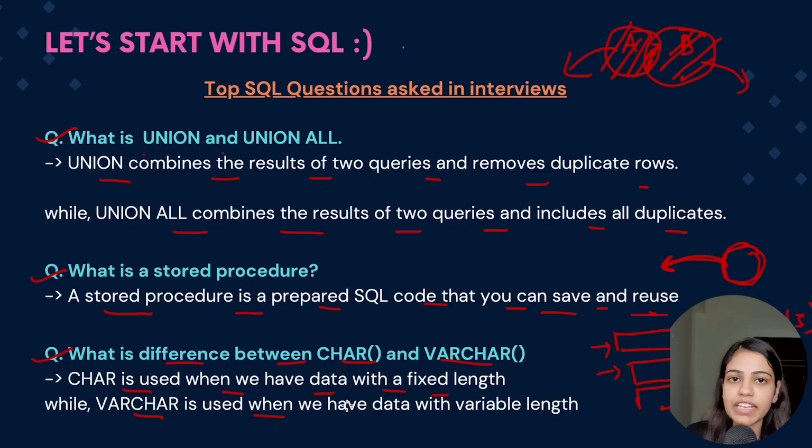Some can have 50 characters in the email, but some can have 100 characters also. So for that use case we use varchar, which is used when we have data with variable length. So even if I am giving varchar, and consider if I am giving 20, if my email has 22 characters, it will just extend itself. So it's a dynamic way of storage, and you can say that char is a static way of storage.